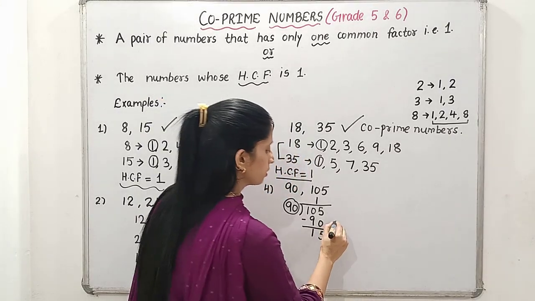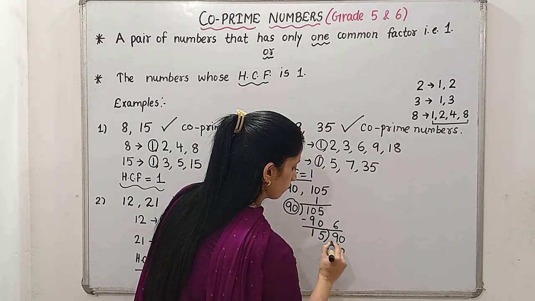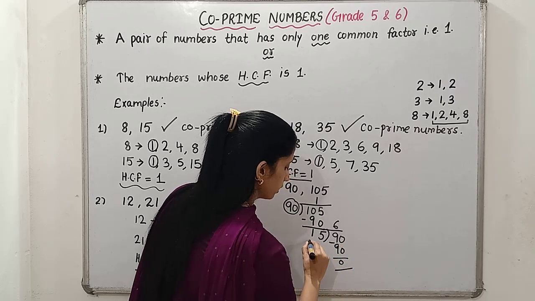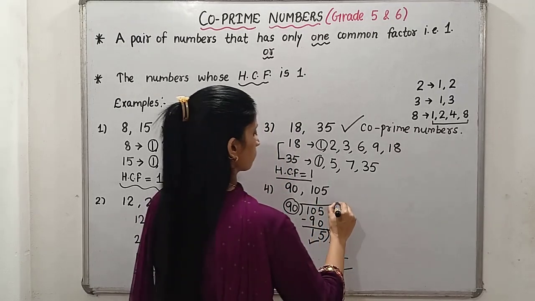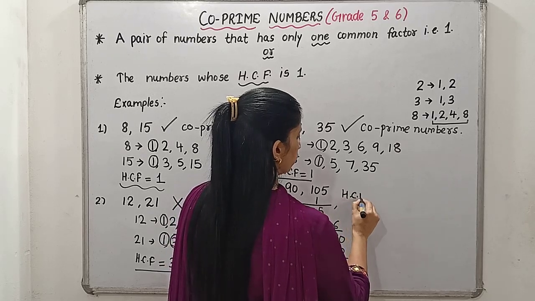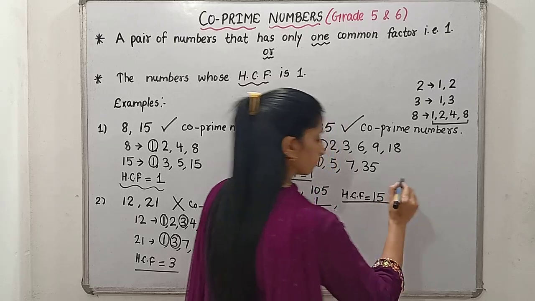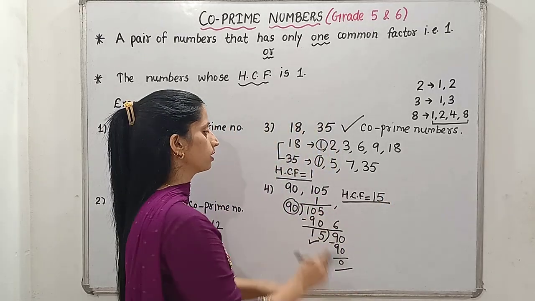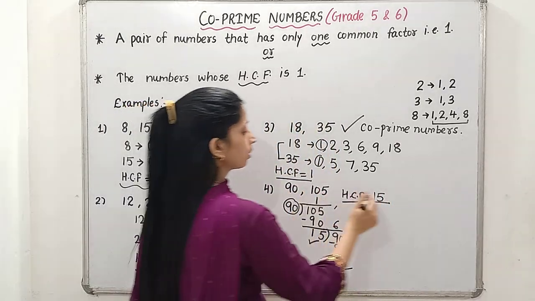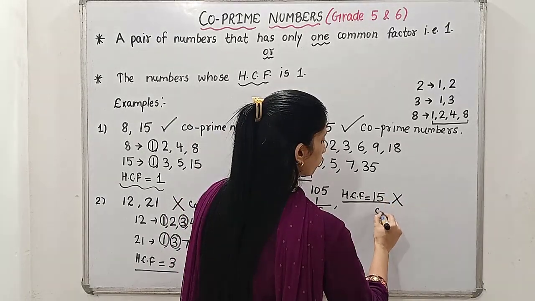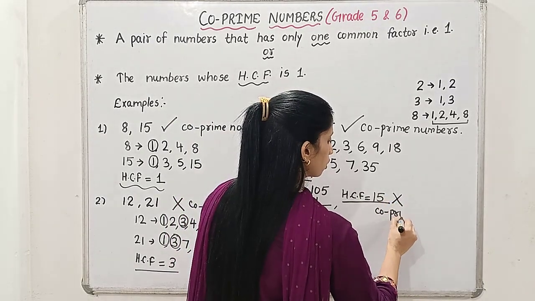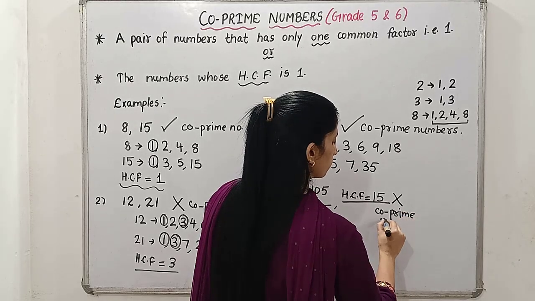Then 15 sixes are 90. This means the HCF of these two numbers is 15. Our last divisor is 15. So the HCF will be 15. Hence this is not a pair of co-prime numbers.